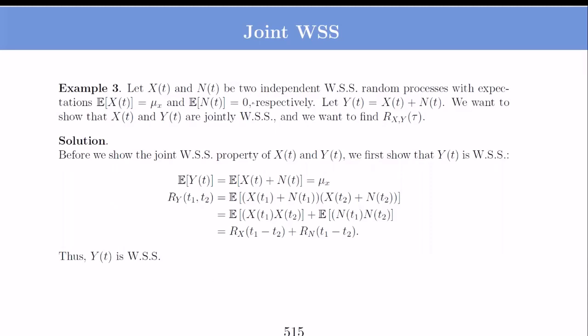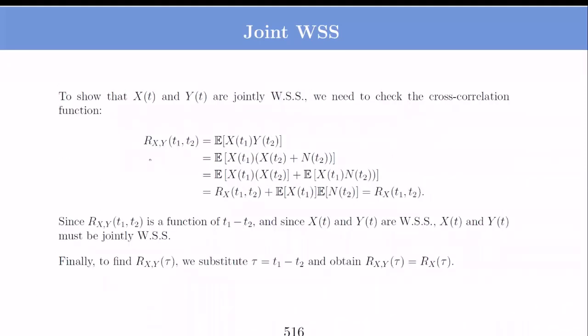Now the remaining thing to show is that the cross-correlation of x(t) and y(t) also depends only on t1 minus t2. The cross-correlation Rxy(t1, t2) is defined as the expectation of x(t1) times y(t2), and y(t2) is equal to x(t2) plus n(t2). So what I get is E of x(t1) x(t2) plus the expectation of x(t1) n(t2).